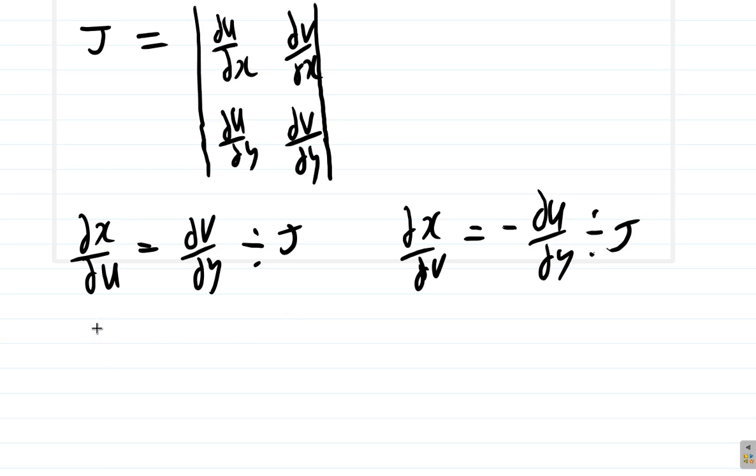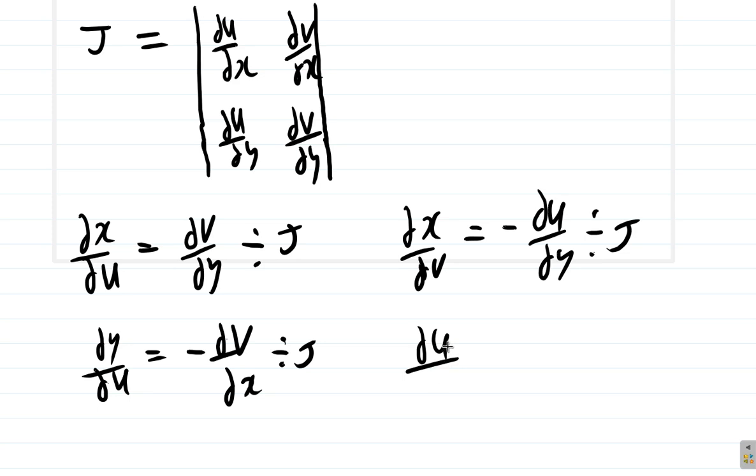We found that ∂y/∂u is equal to negative ∂v/∂x divided by the Jacobian. And we also found that ∂y/∂v is equal to ∂u/∂x divided by the Jacobian. Alright? So these are quite a number of results that we have here.